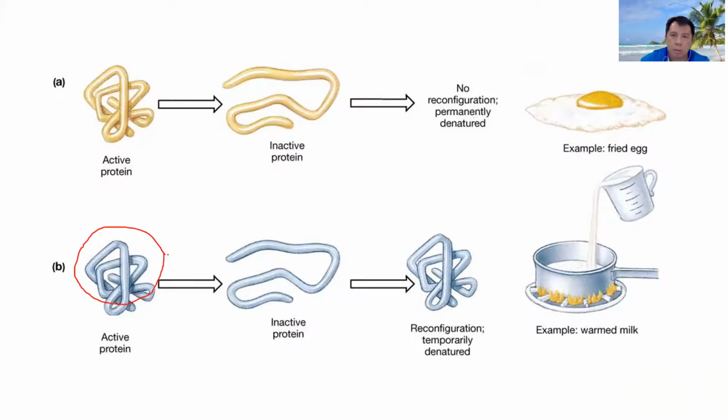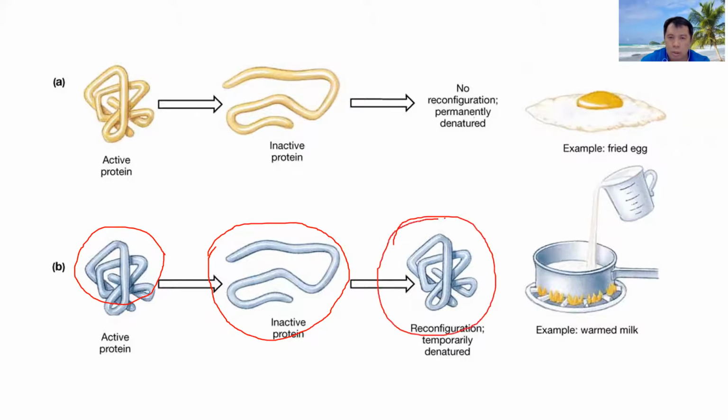At a low or moderate temperature, the 3D protein shape undergoes denaturation, but if we just heat the milk to maybe 50 degrees Celsius and then remove the heat, when the temperature is restored to room temperature, the proteins are able to restore their normal three-dimensional shape.